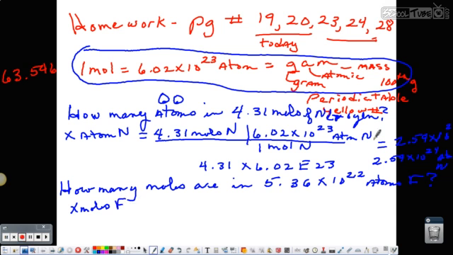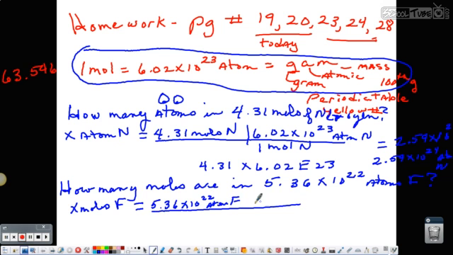Notice every time I put down the element, and you have to too, I don't do it because I want to, I do it because I think it's what you need to do to be successful in the future. So follow my lead and do as I say. Alright, so what we know is 5.36 times 10 to the 22nd atoms of fluorine.